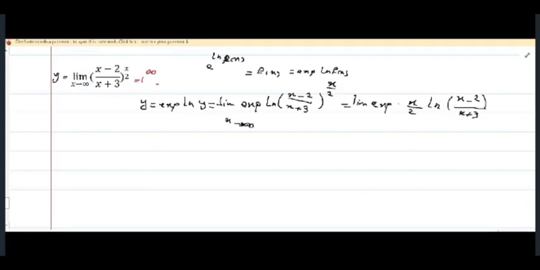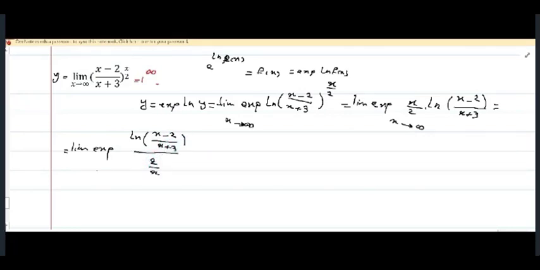So when it's approaching infinity, for the result we can write here the exponential of ln of (x minus 2 over x plus 3) over 2 over x.